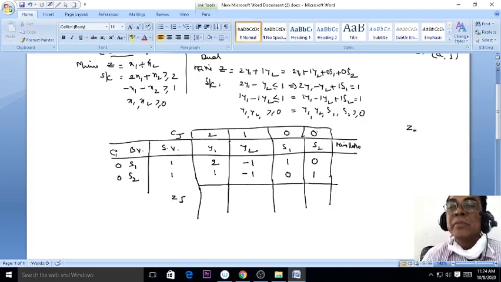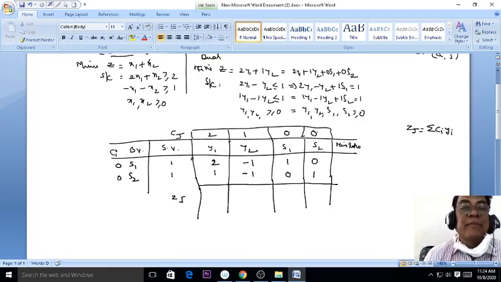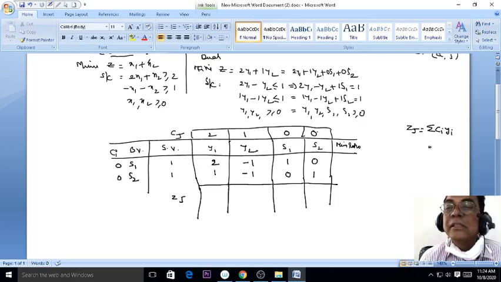Please refer to the previous problem. Zj is nothing but sigma Ci into yi, because here the problem contains y. In previous problems, it was x. So 0 into 2 plus 0 into 1. Sigma means addition. 0 into 2 plus 0 into 1 is equal to 0. Please write down 0 here.